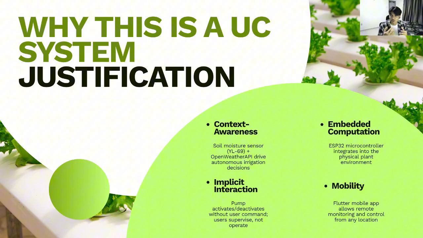So the users don't need to input any data for the system. The system will retrieve the data from the sensors and integrate with the open weather API to make autonomous decisions. So it is aware of the context.